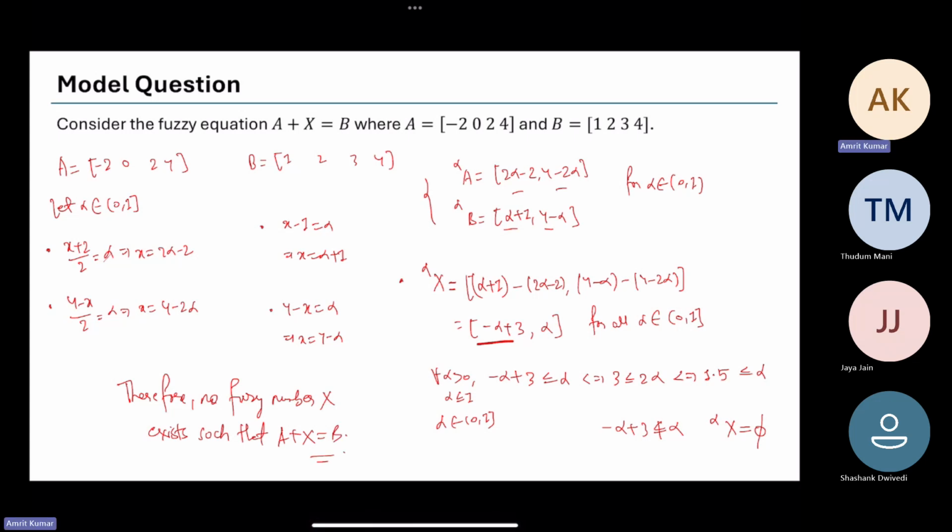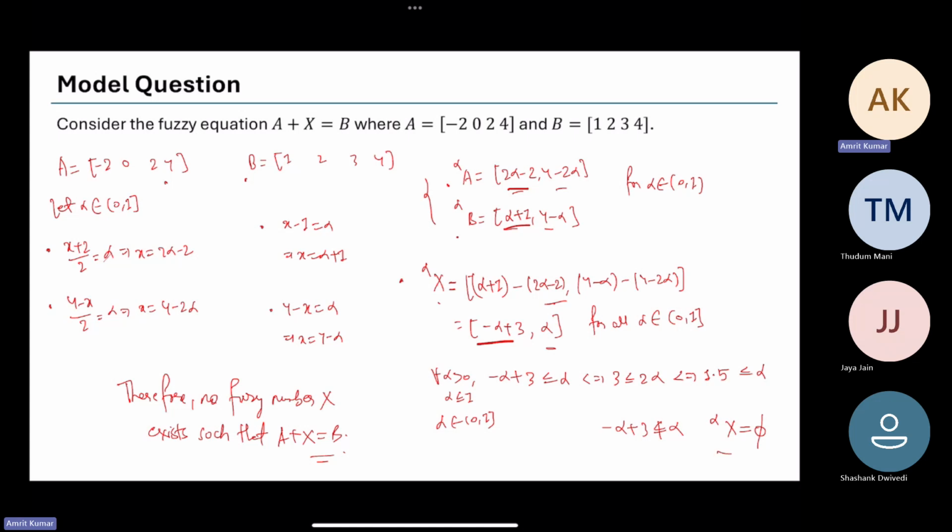To summarize, we had fuzzy numbers A and B. From that, we computed the alpha cut of A and alpha cut of B. And then we supposed that X is some fuzzy number that satisfies A plus X equals B. If that is the case, then the alpha cut of X would look like this. So you subtract the left endpoint of alpha cut A from the left endpoint of alpha cut B, and similarly the right endpoint of alpha cut A from the right endpoint of alpha cut B. So this is basically the alpha cut of X. Now since X is a fuzzy number, this alpha cut must be non-empty for every alpha greater than 0.